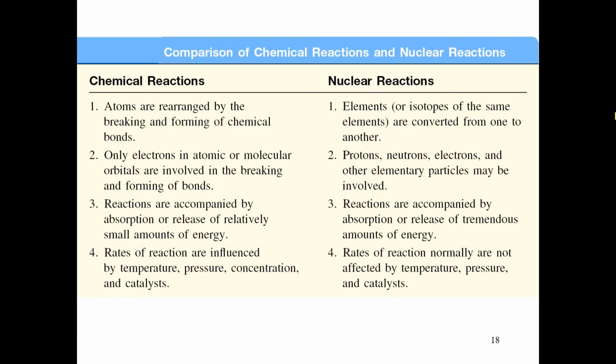And number four, chemical reactions, as we saw in the previous unit on kinetics, have rates influenced by temperature, pressure, concentration, and the presence of catalysts. This is all in accordance with the collision theory model that we proposed. Nuclear reactions, on the other hand, are not normally affected by temperature, pressure, or the presence of catalysts.